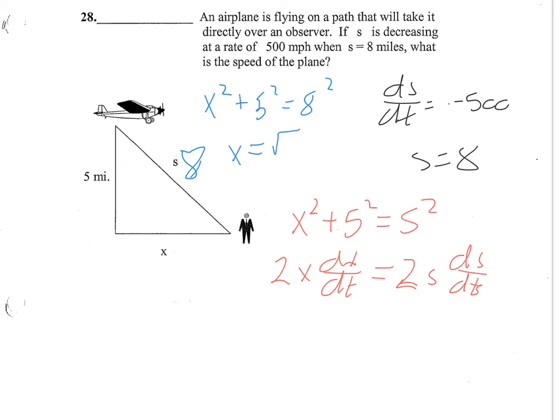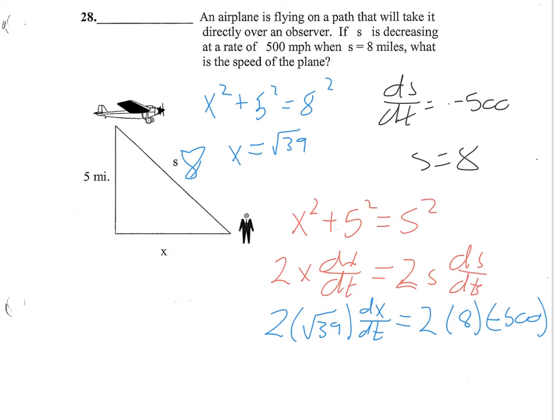And so the answer is just the square root of 39. Alright, so now we have 2 times the square root of 39 dx over dt, which is, I don't know, okay? I probably should have stated that before because I'm trying to find that. And then it's times 2, s is 8, and then this is negative 500.